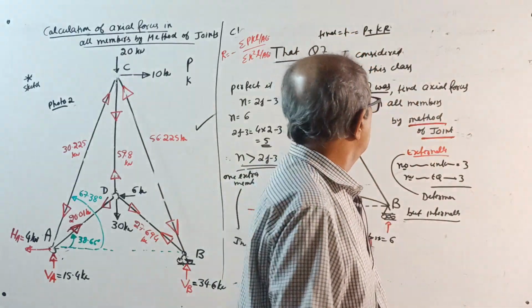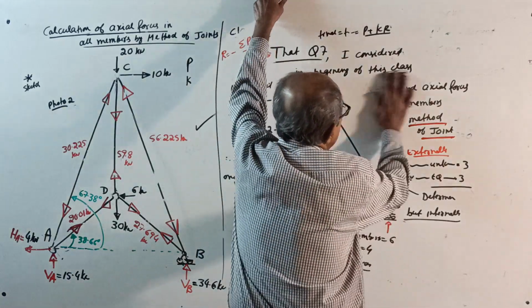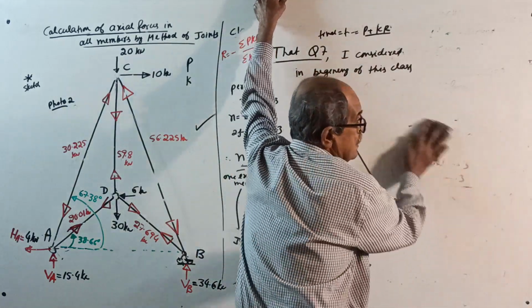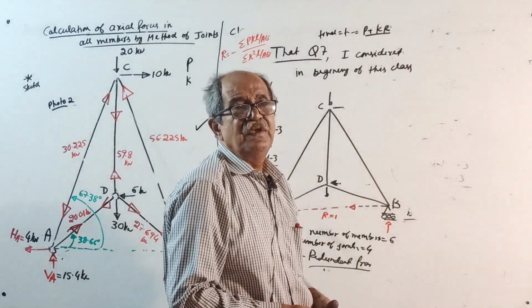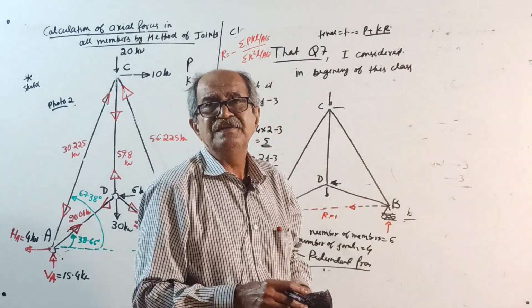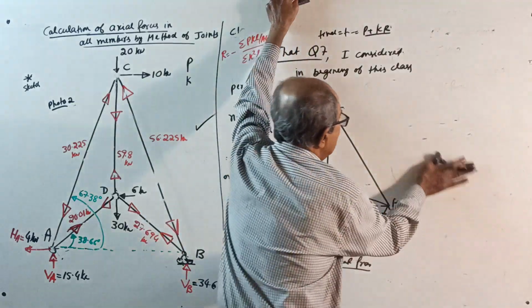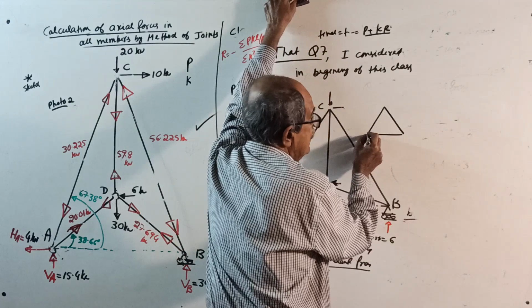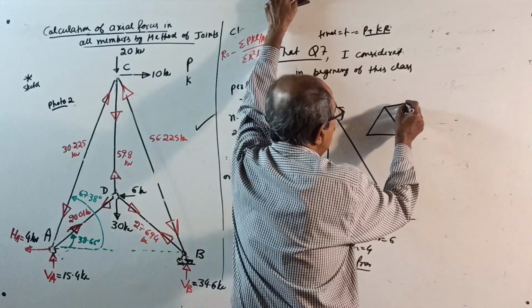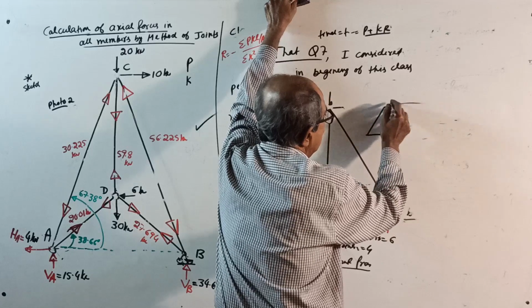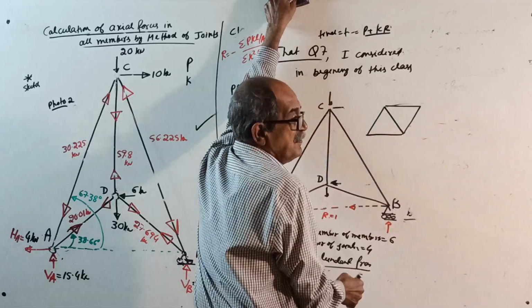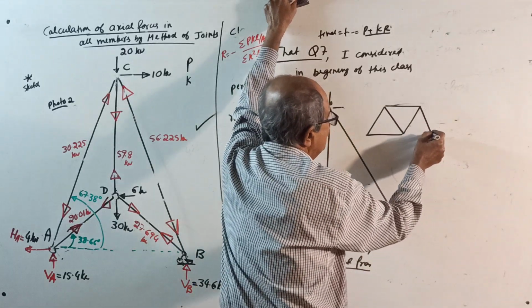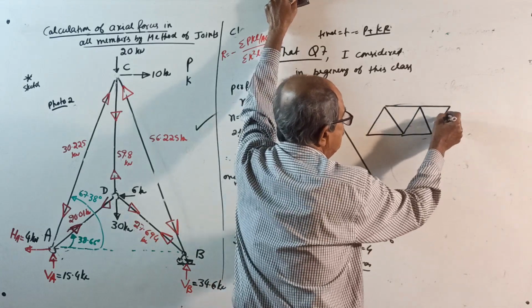Now, somebody asked me, sir, you told me that if you keep on adding triangles, it is a perfect frame. Yes, perfect frame. Don't worry about the support. Add one more triangle, perfect frame.